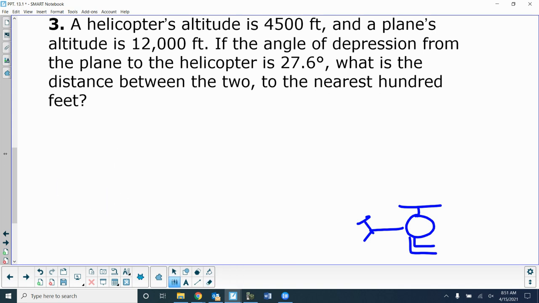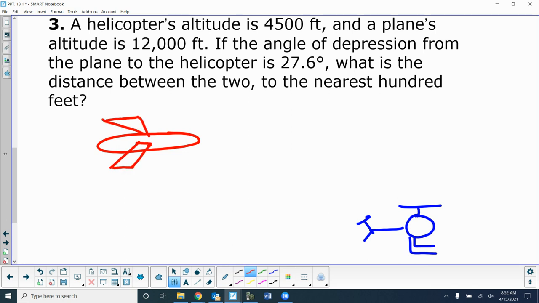So then I got a plane up here. Whoa, that's a bad one. I guess it's okay. Then we got some kind of plane. All right. Something like that, okay?